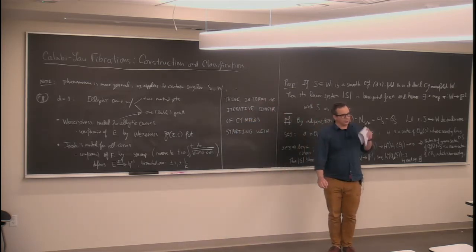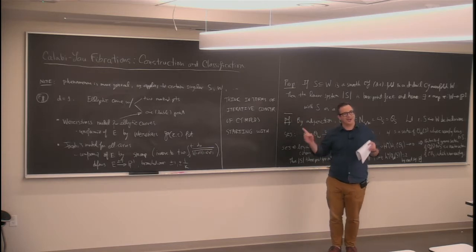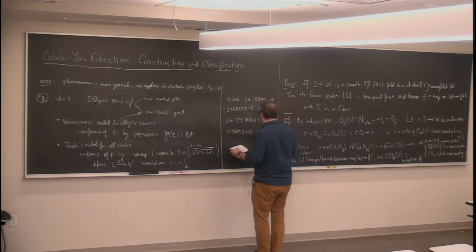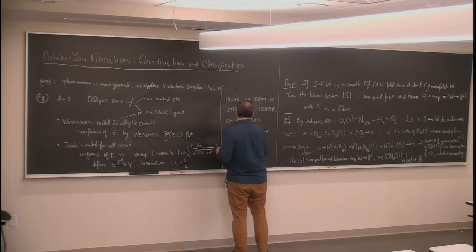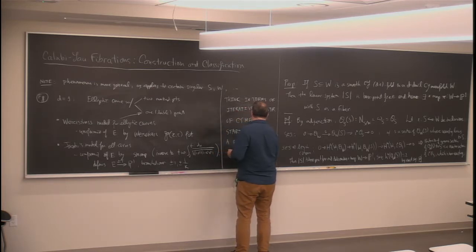Now, is the simplest case elliptic curves? No. I just said the simplest case is not. The simplest case is a family of pairs of points. So starting with a family of pairs of points.